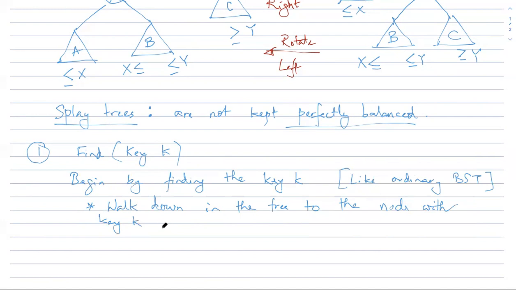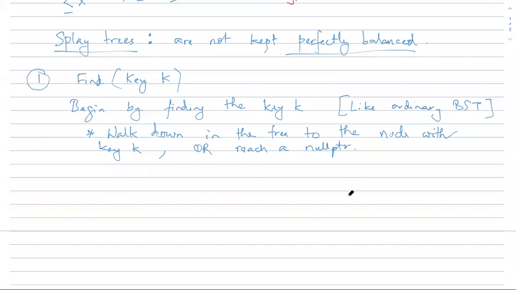Or you might reach a dead end, or reach a null pointer, because this key k is not there in the tree.